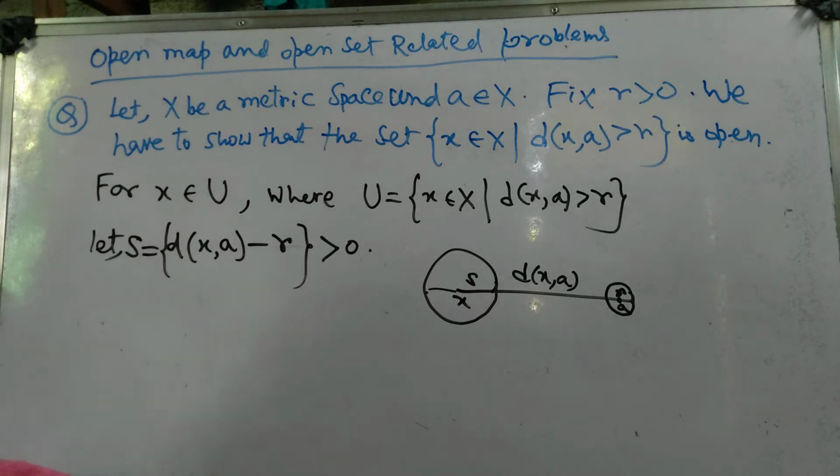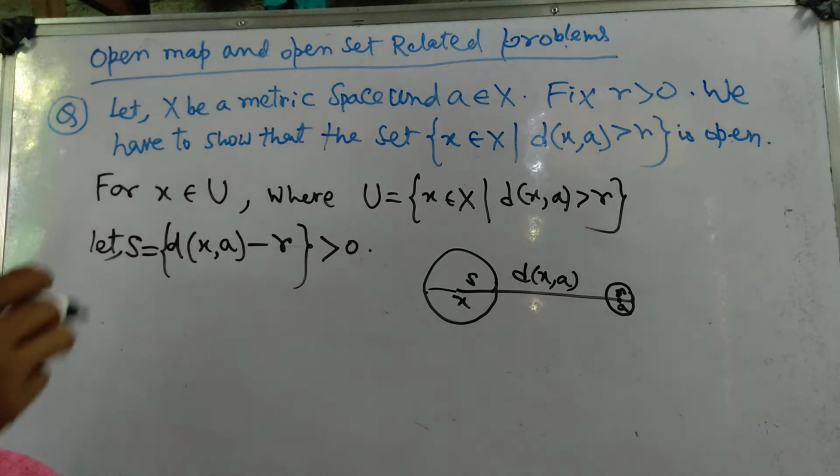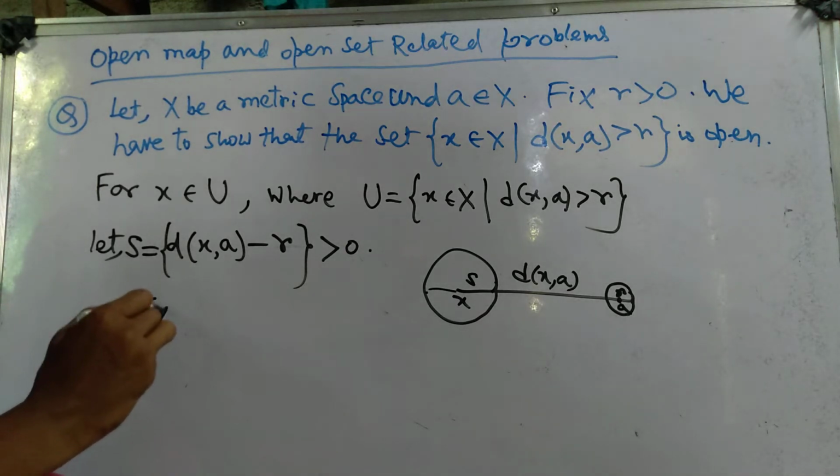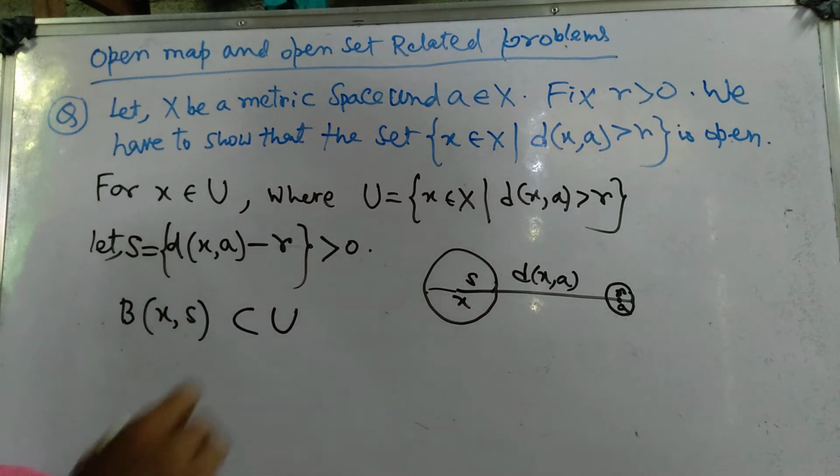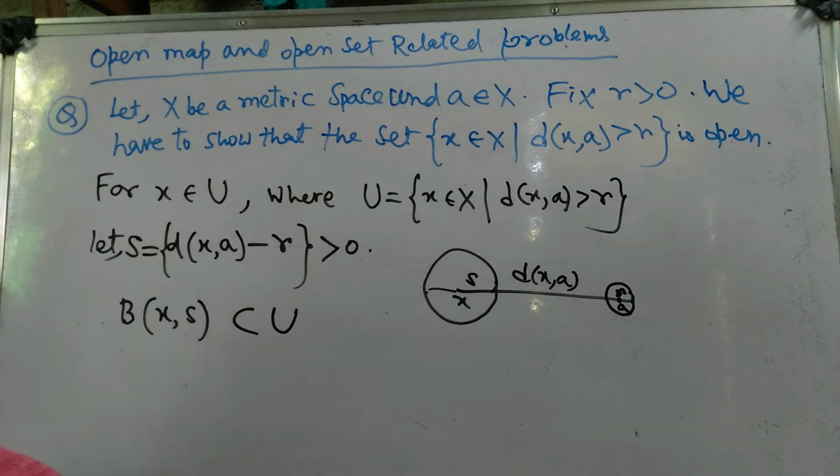Now we choose the ball B(x,s), that means the ball centered at x with radius s, which is obviously a subset of U, because for those points d(x,a) is greater than r.